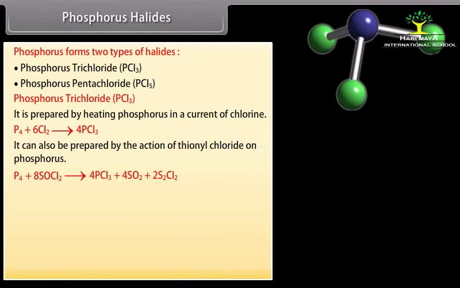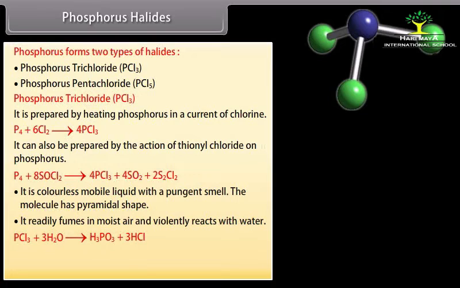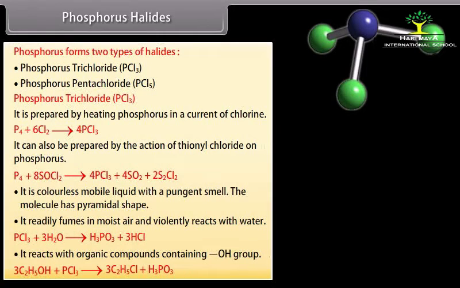It can also be prepared by action of thionyl chloride on phosphorus. It is a colorless mobile liquid with a pungent smell. The molecule has pyramidal shape. It readily fumes in moist air and violently reacts with water. It reacts with organic compounds containing OH group.